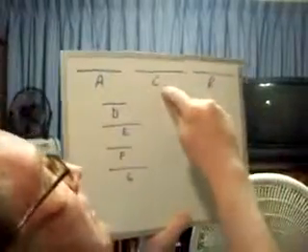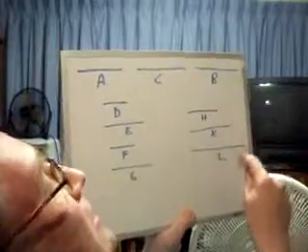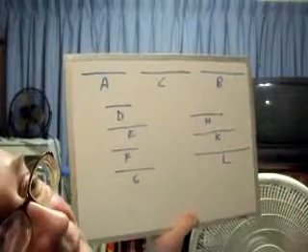While as F is to G, so is K to L. Therefore, also as C is to B, so is K to L, which again is by Euclid Book 5, proposition number 2. Isn't that neat? But it goes on.